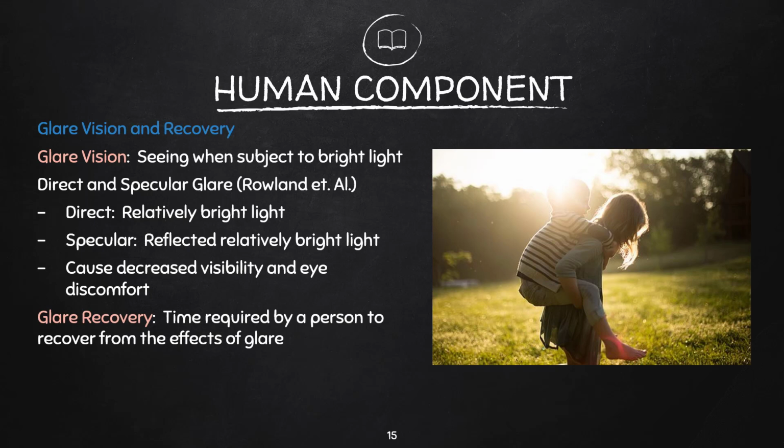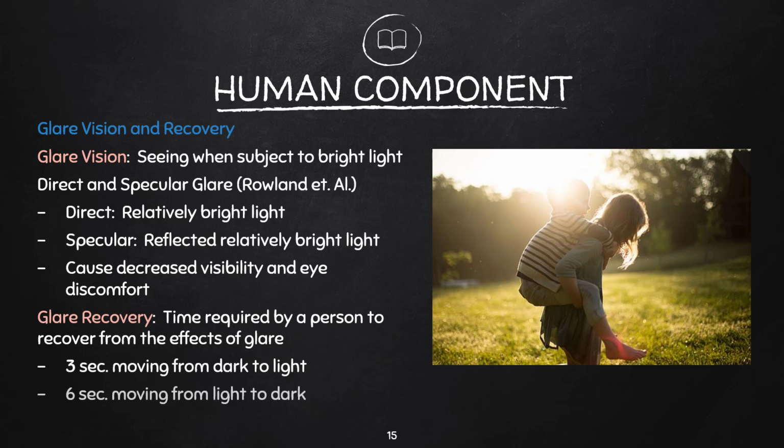But of course, it will recover after some time, and that is called glare recovery. The time required by a person to recover from the effects of glare. This is about 3 seconds moving from dark to light, and 6 seconds moving from light to dark.